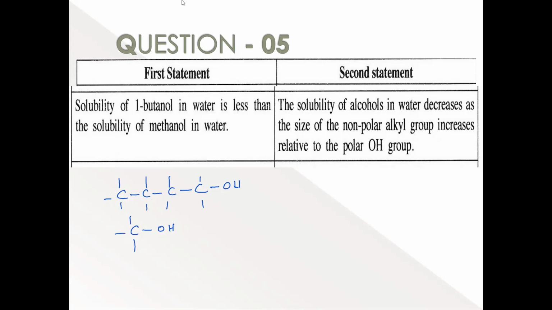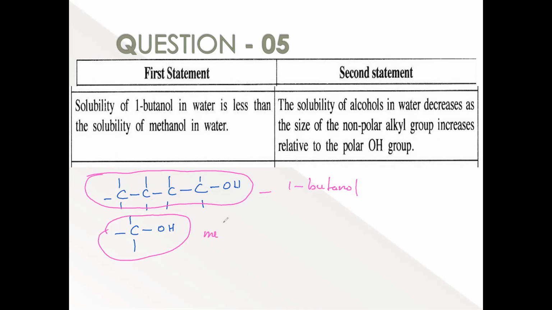Can you see the shape? The molecular surface area. This is 1-butanol. This is methanol, right? So you can clearly see the surface area of the methanol is less compared to the butanol.